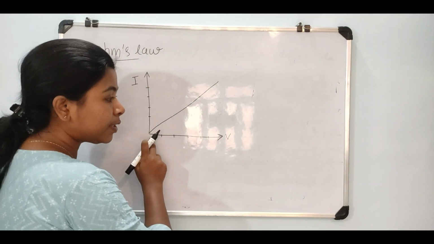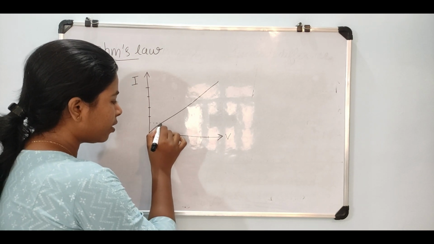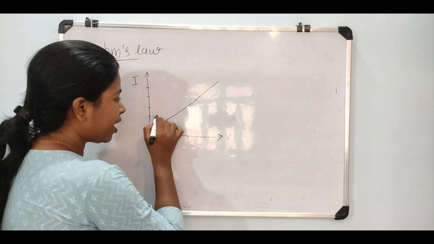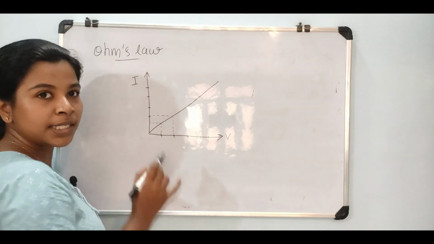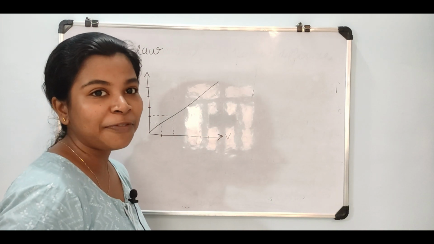For this value of voltage, this is the value of current. For this value of voltage, this is the value of current. So you can see, as voltage is increasing, the current is increasing. And what does the slope of the VI graph imply?